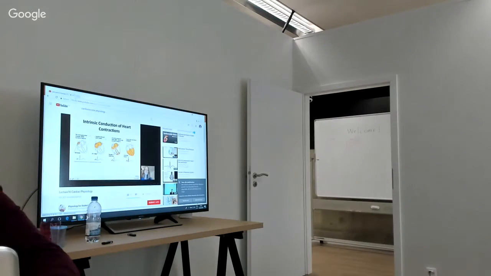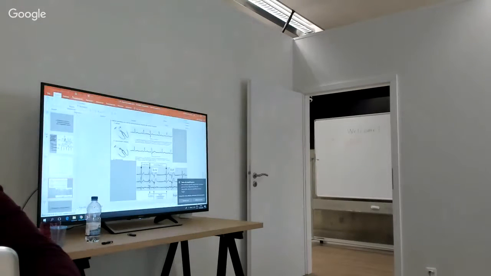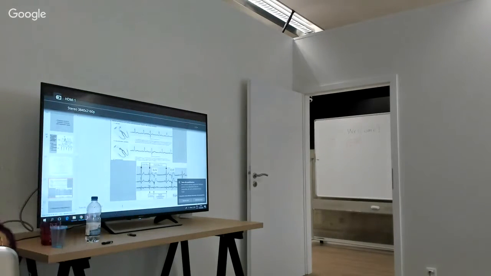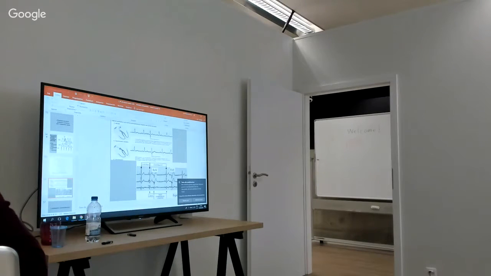You watch the activity spreading. And these are some electrocardiograms where you can see the extrasystole, battito prematuro in Italian. You see the P wave.